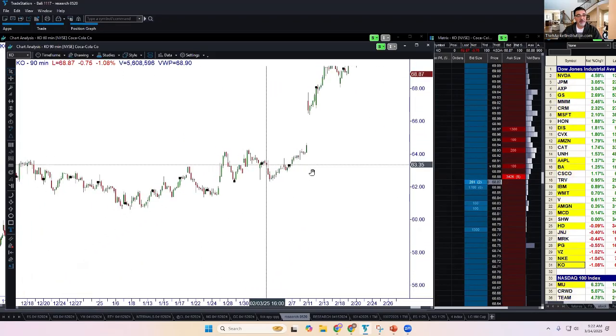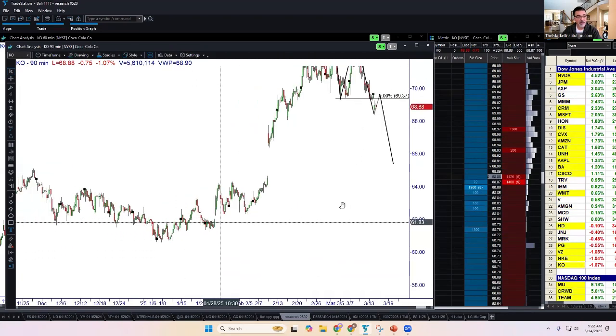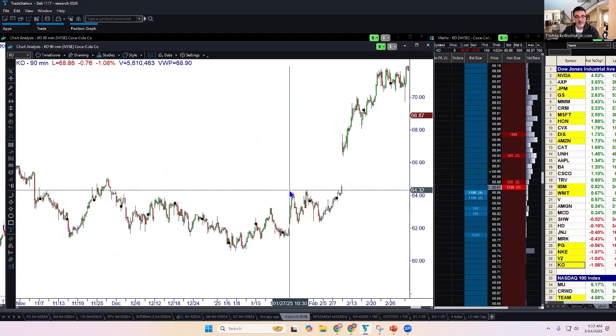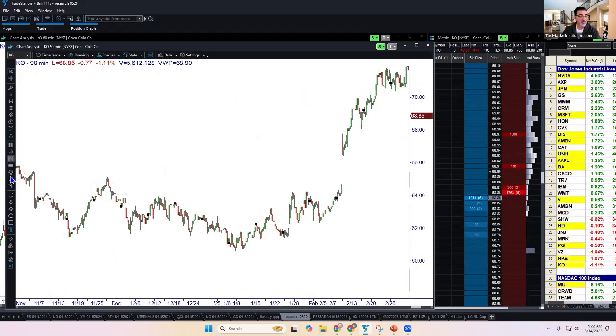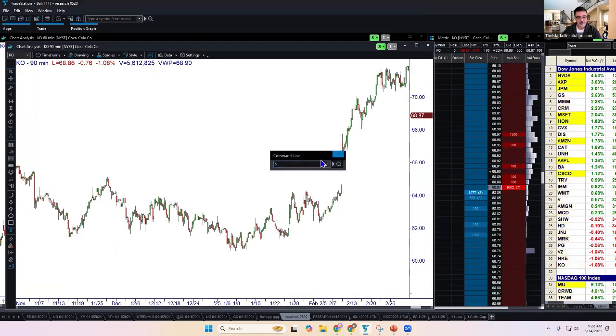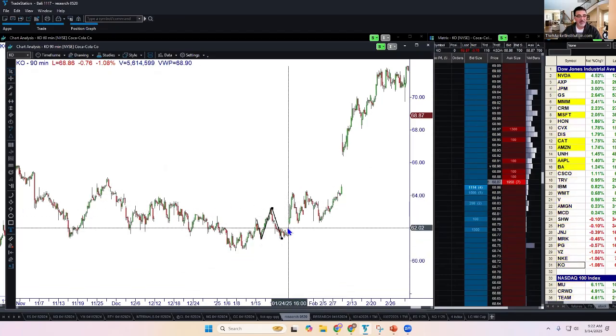Coming back down to the bottom of this move down here, we can see that this is the origin of a strong move up, and we would just trace out that drop to base, base to rally, rally to the retest. We're making a slight higher low, and you would start to get those measurements.